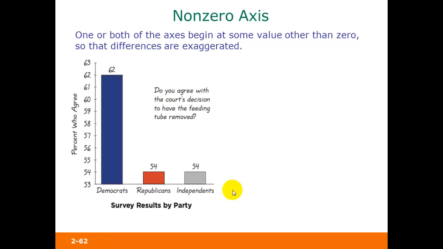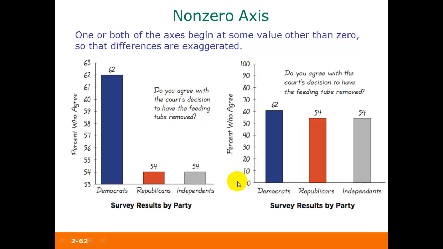If we redraw this graph using a 0 axis, so here our vertical axis starts at 0 instead of starting at 53, notice that this graph looks a lot different, and the differences between the percentages are not nearly as exaggerated as they were in the graph on the left side.